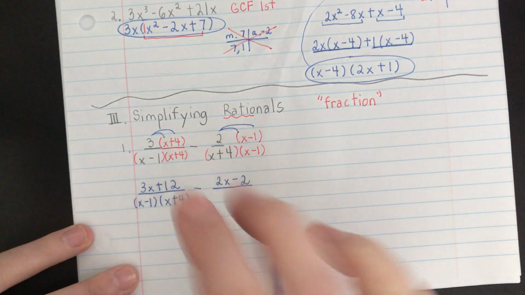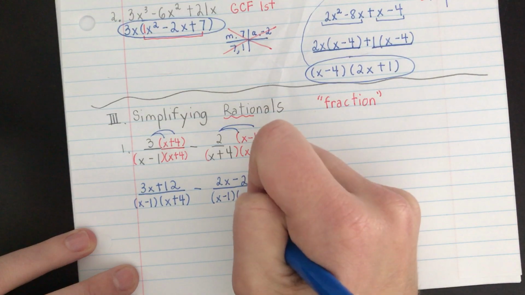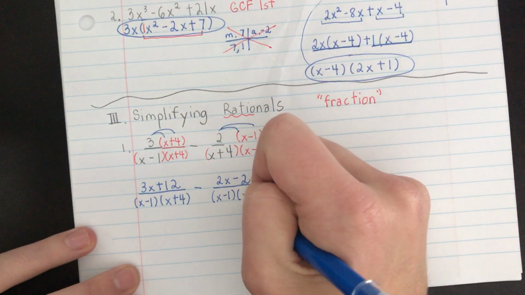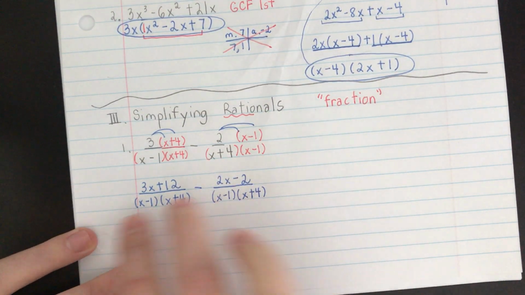But just for sake of keeping these to look exactly alike, we'll switch the order. Remember, that's legal. 6 times 5 is the same as 5 times 6. You can switch those. It's legal. So we switch the bottoms just to show you that they are common.